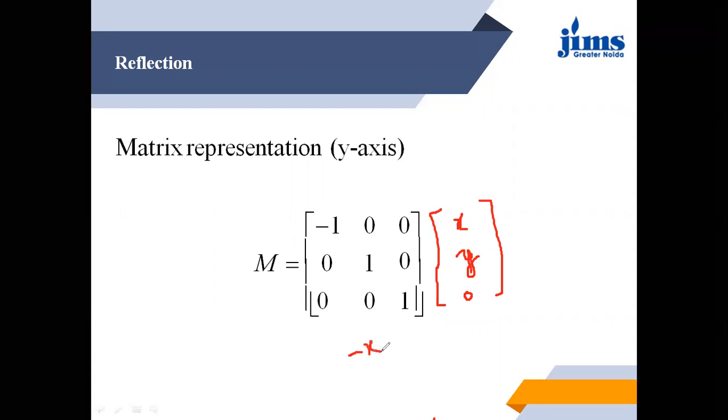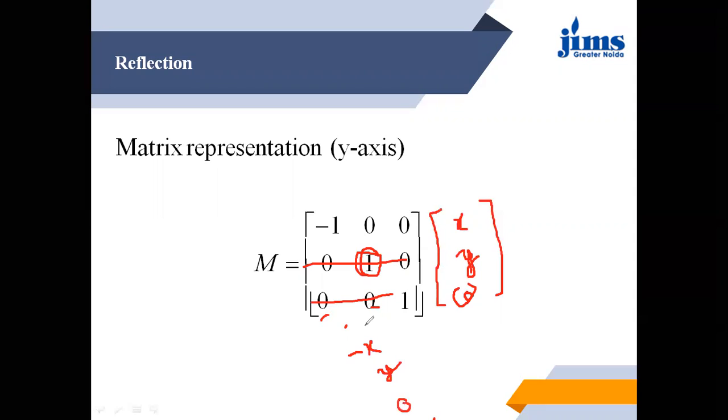When we multiply the second row by this, there is 1 only at this place, so this will be y. 1 multiplied by y will be y, and these two are 0, so this will be 0.